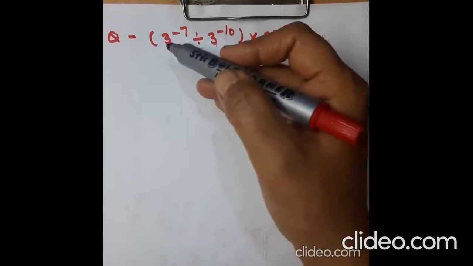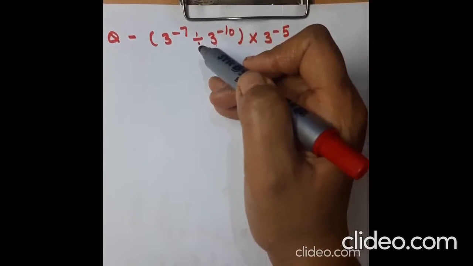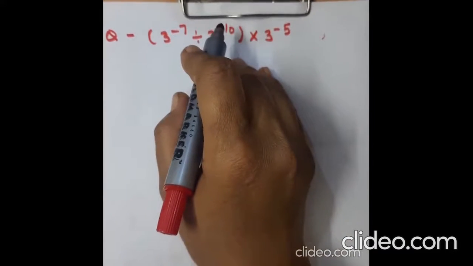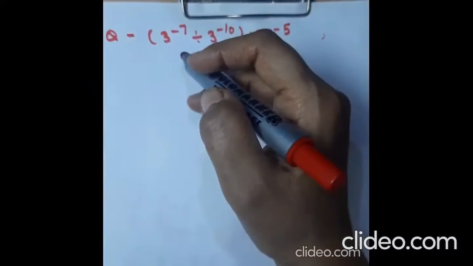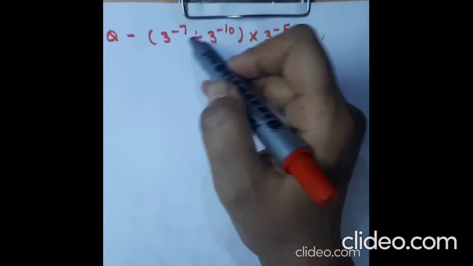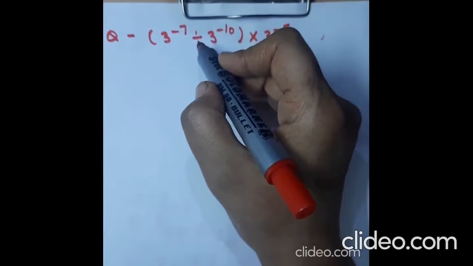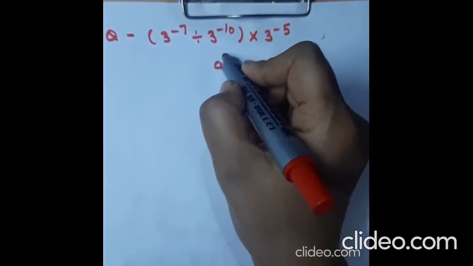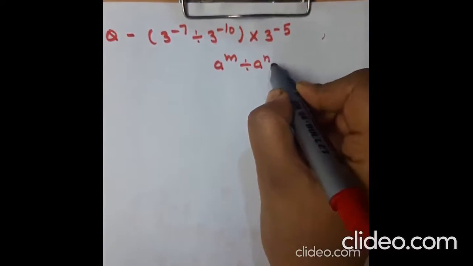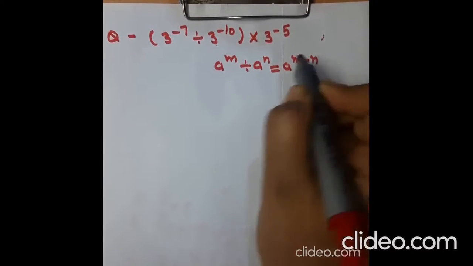Let's do the question: bracket 3 raised to the power minus 7 divided by 3 raised to the power minus 10, bracket close, multiplied by 3 raised to the power minus 5. Here we can see that the base is the same. So when the base is the same, in division we subtract the powers. By using the law of exponents, a raised to the power m divided by a raised to the power n is equal to a raised to the power m minus n.